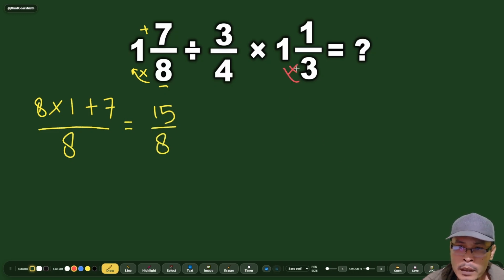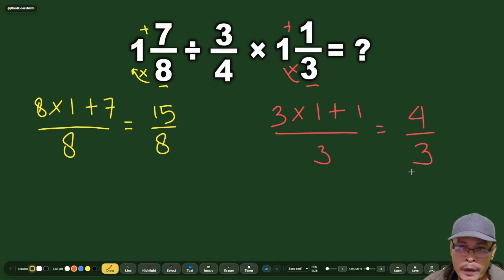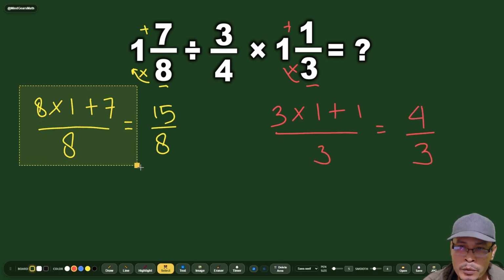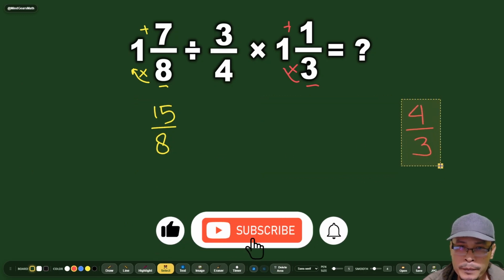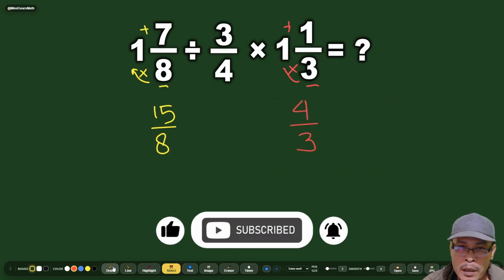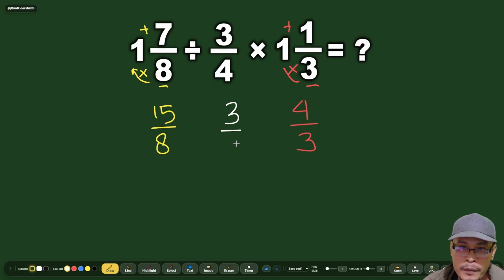Next, 1 and 1/3. 1 times 3 is 3, plus 1 is 4, equals 4/3. 3/4 is already a plain fraction, so it stays. Our chain is now 15 over 8 divided by 3/4 multiplied by 4/3.